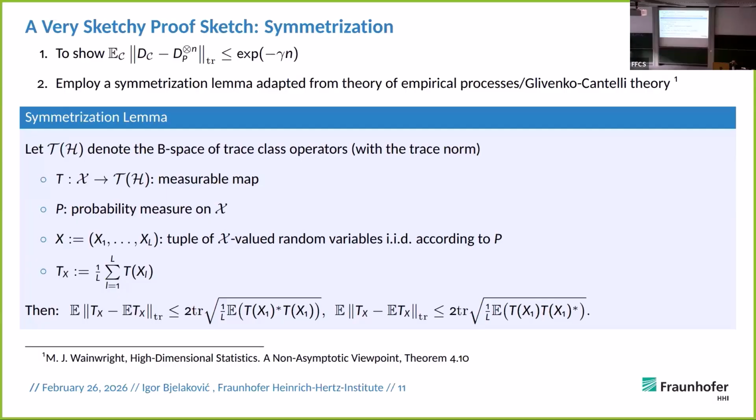And then you have the trace of 1 over m sum over i of a d(xi) minus, you can swap it. And these are your functions.